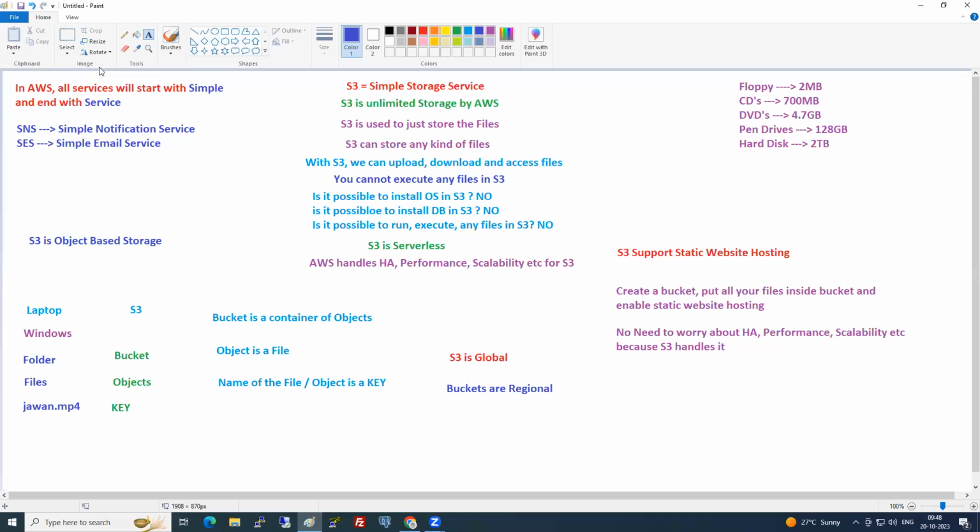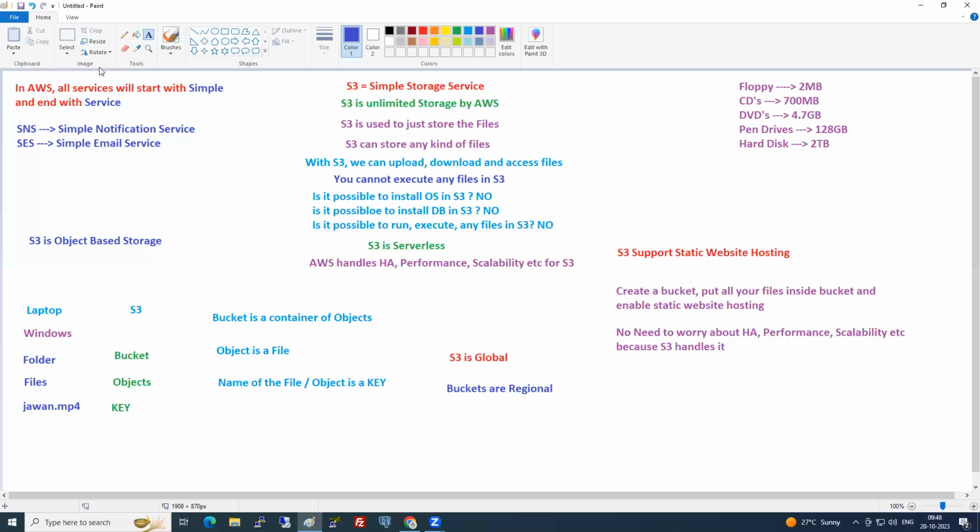Don't worry about this because, okay, why do we call S3 global, and why are buckets regional? I know you will get these questions. See, is EC2 regional or global? Whenever you launch an EC2 instance in Mumbai, it will be in Mumbai only. When you launch EC2 in Ireland, it will be in Ireland. Can I see these two EC2 instances in one place? Yes or no? 100% no. But in S3, if you create a bucket in Mumbai and a bucket in Ireland, you can see both in the same console, the same place.